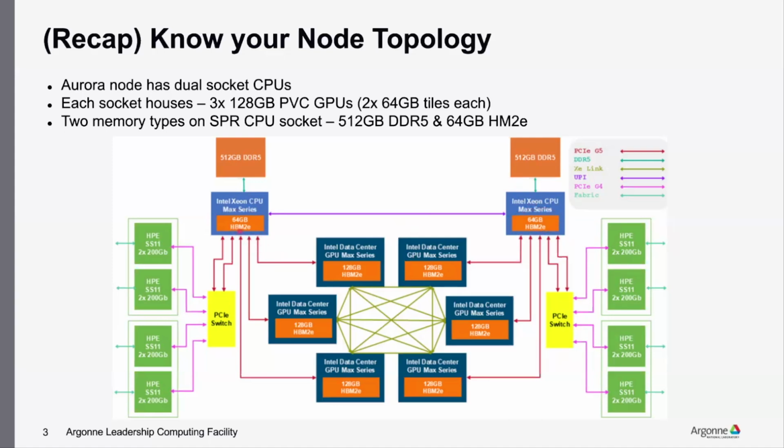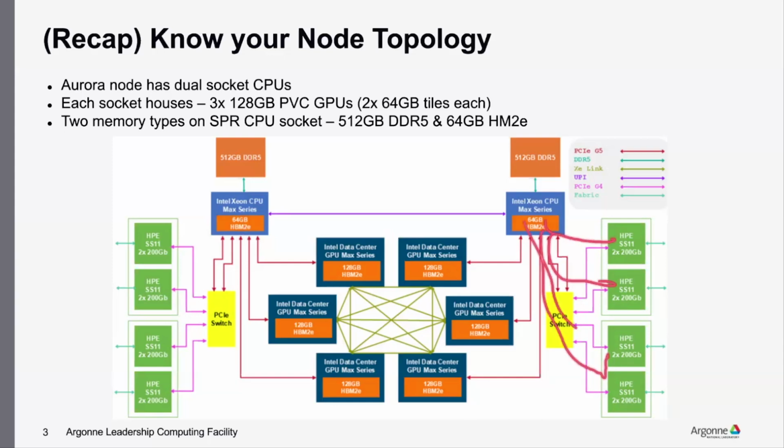Another important thing to keep in mind: if your application is very communication heavy, you maybe need to be aware of how the network interfaces are handled. There are 4 network interfaces, or 4 NICs, attached to each socket through a PCIe switch, and you see the same over here.